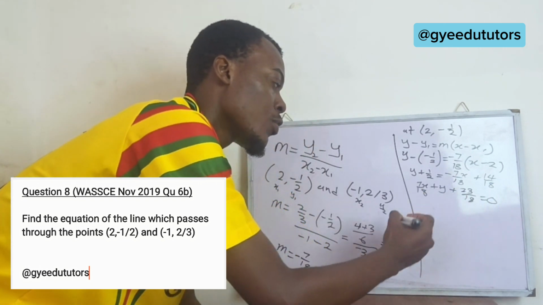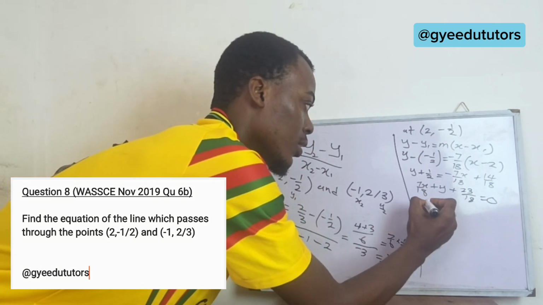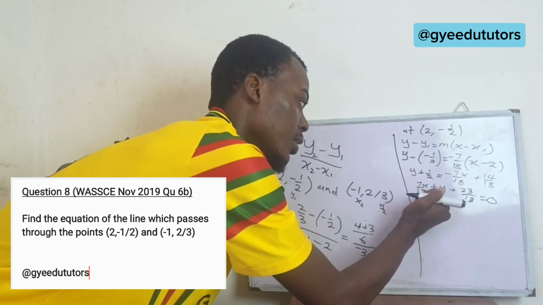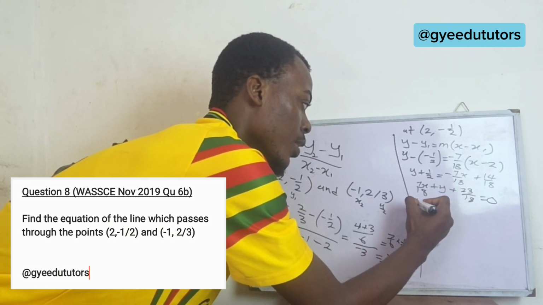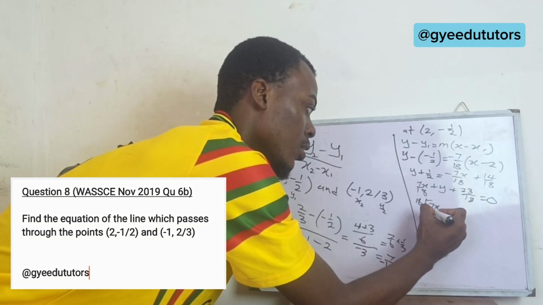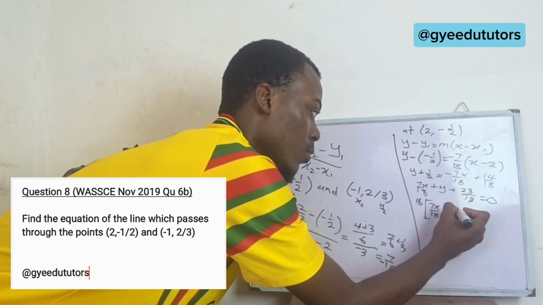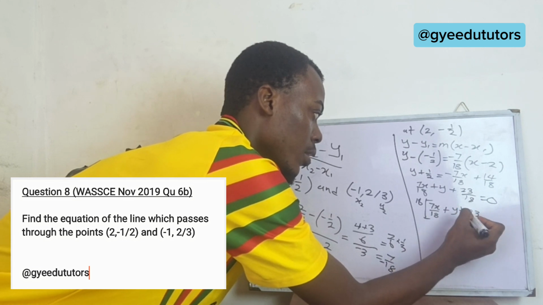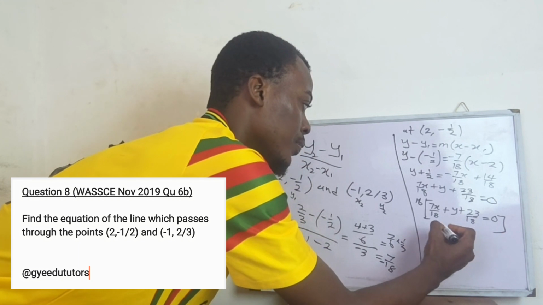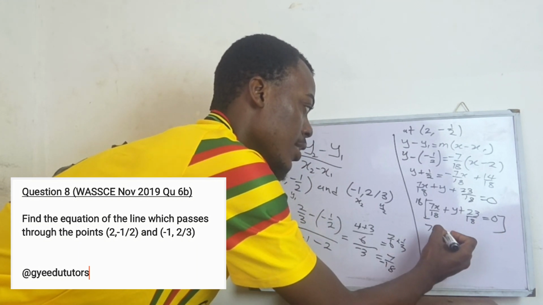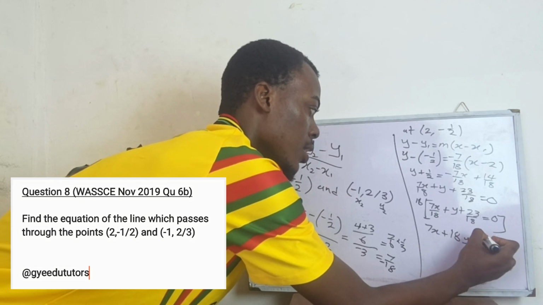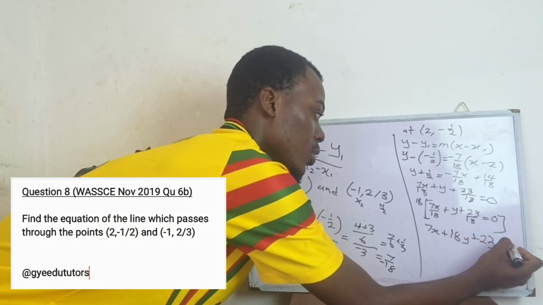So you can multiply through by 18 to simplify, and you get 7x plus 18y plus 23 equal to 0.